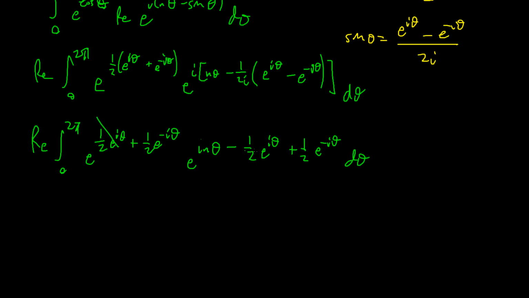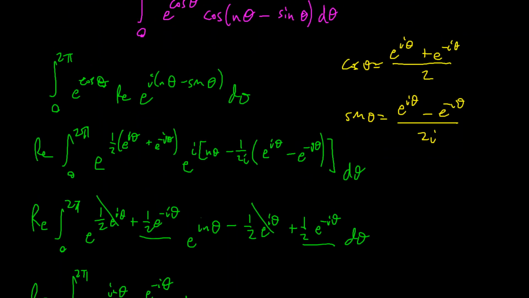So this term will cancel with this one, and this one will combine with this one. So this will be real part, integral from 0 to 2π, and this is e^(inθ) times e^(-iθ) dθ.